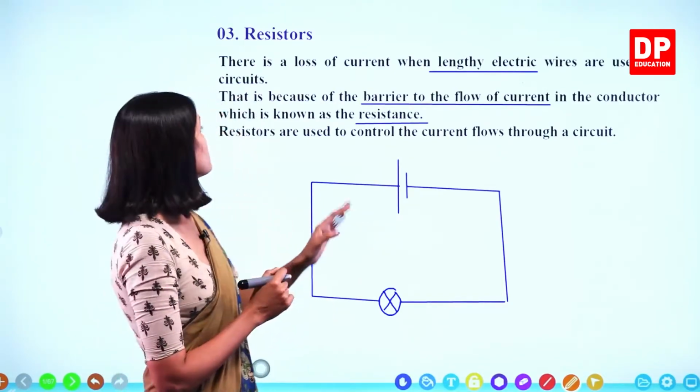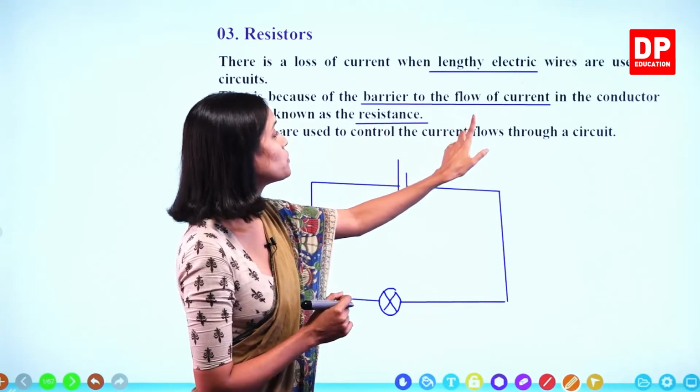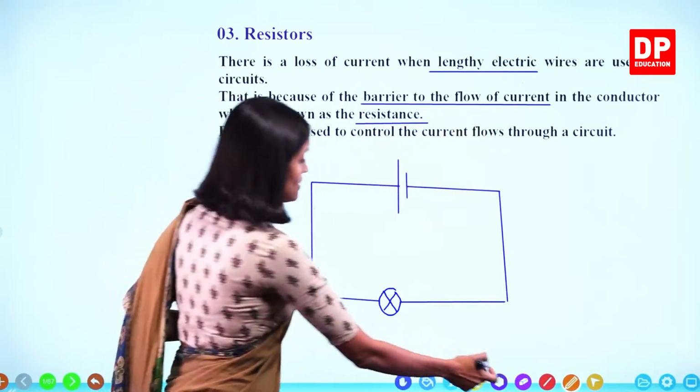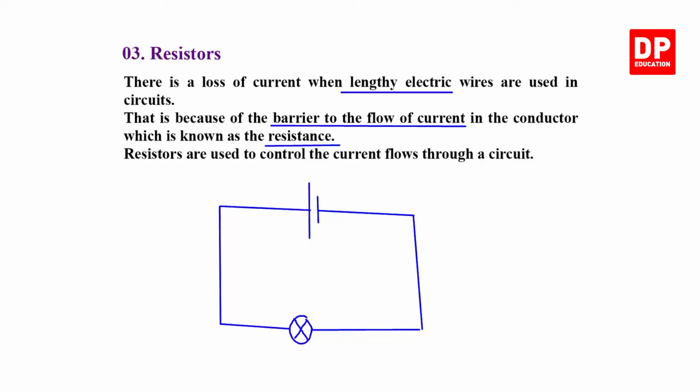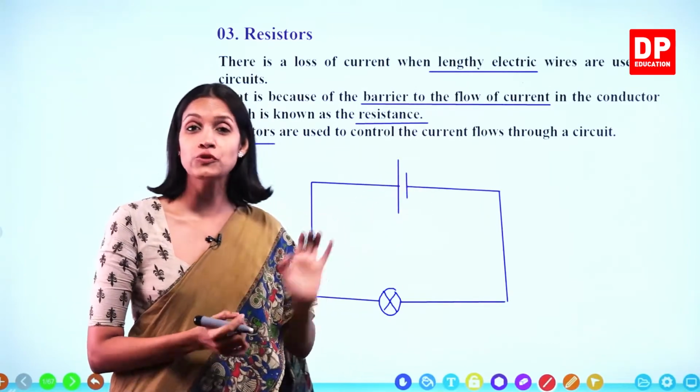Right, children? So resistors are used to control the current flowing through a circuit. Now in this part we are going to learn about resistors as a component that we fix to circuits.